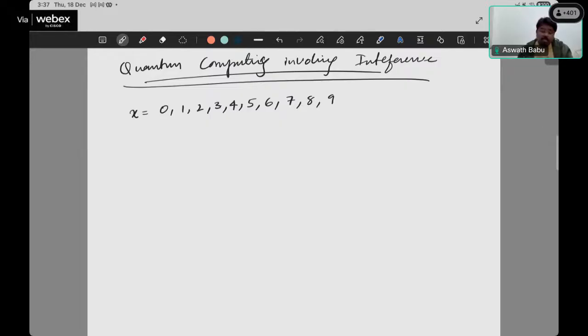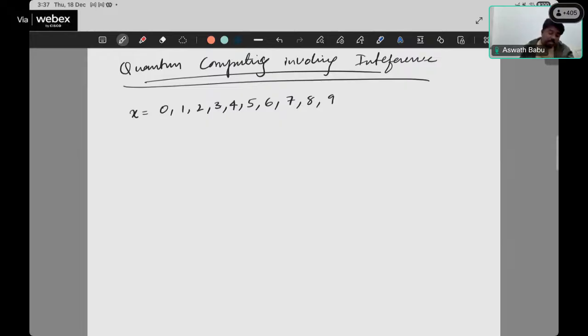Let's say I write them on cubes, each cube with a number written on it, and put them in a basket. You are not able to see them, but one piece of information I would give you is that there are numbers inside the basket written from 0 to 9. There are 10 numbers.